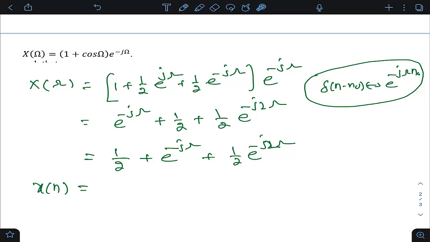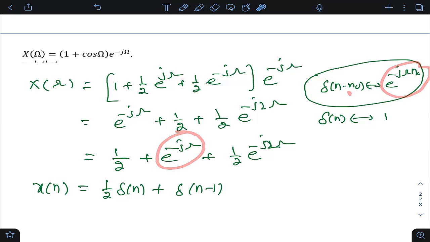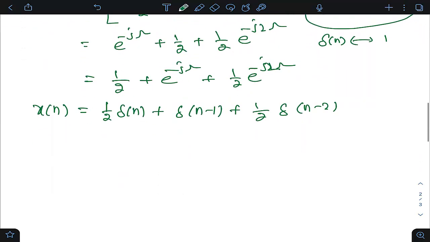If n equals 0, that is delta of n, its corresponding DTFT will be 1. So here I can say this is half of delta n, and this is delta of n minus 1, because if you substitute n equals 1 here, you get e raised to power minus j omega. By the same logic, you get half of delta of n minus 2. This is your x of n.